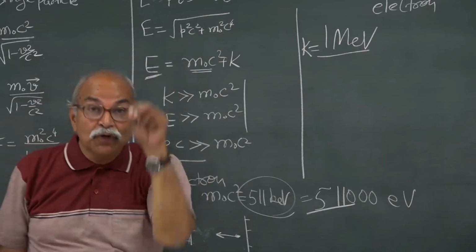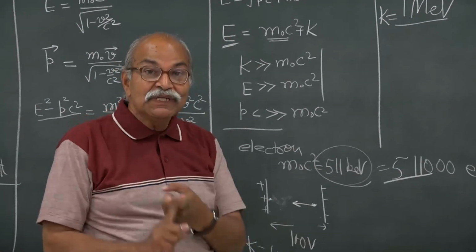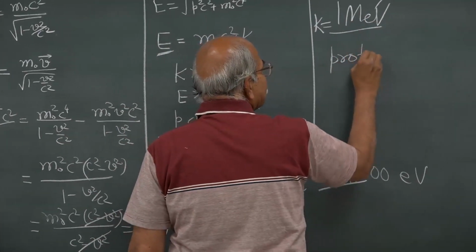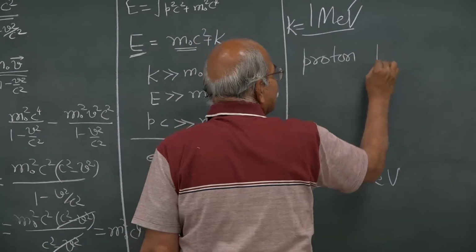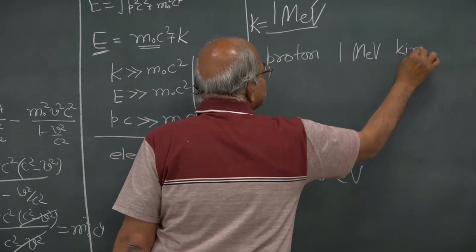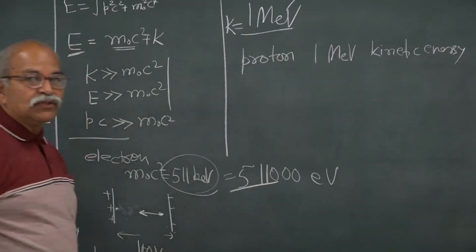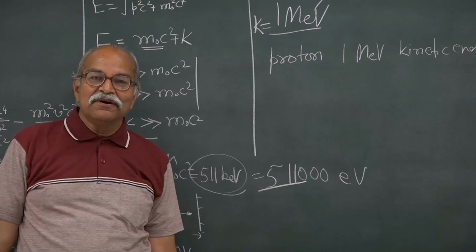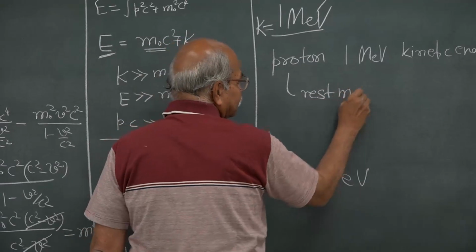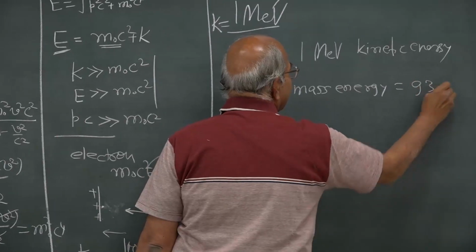But if you have a proton which goes through the same accelerator and the proton kinetic energy becomes 1 MeV, so instead of an electron, a proton going through that same 1 MV potential difference, you can still use Newton's laws because the proton rest mass energy is 938 MeV.